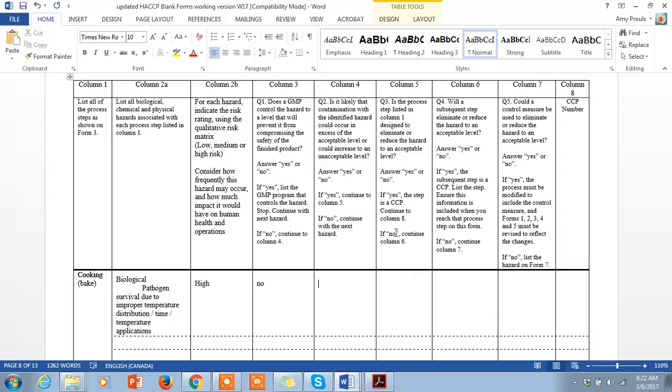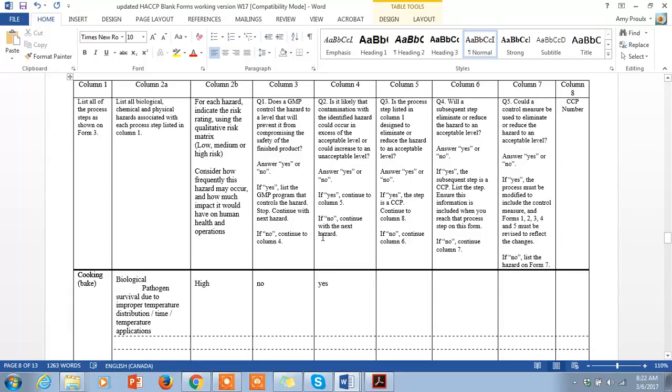Bacteria, however, can increase to an unacceptable level in food products. And so in the case of cooking to kill off bacteria, we are going to say, yes, it is going to carry on.